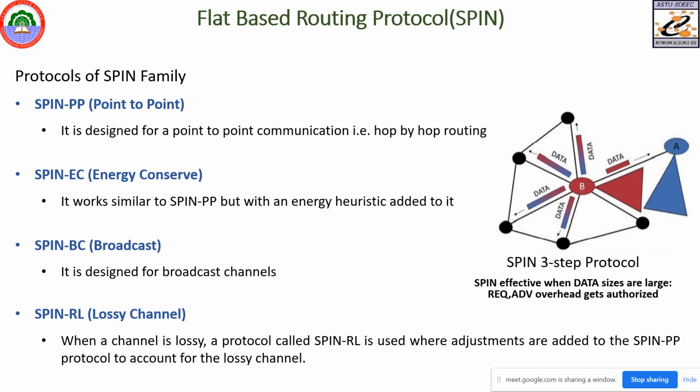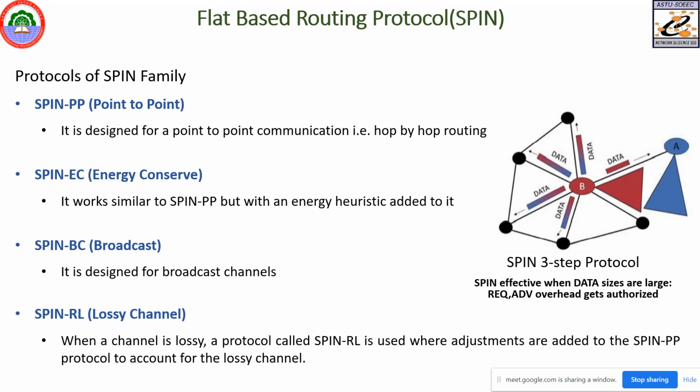So if we observe this particular image on the right side, node A is sending an advertisement to all the neighbors, called B and the other two nodes which are in black color.